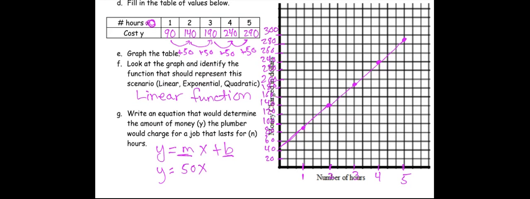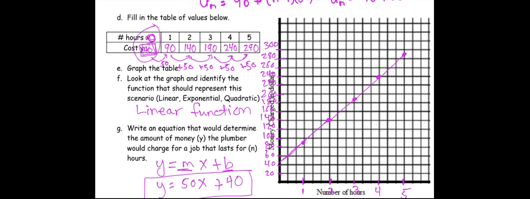Going from the y value of x equals 0 to the y value of x equals 1, I had to add 50 again. So I have to think, what number do I add 50 to get 90? The answer is 90 minus 50, which is 40. So b is going to be 40. And the equation is y equals 50x plus 40.